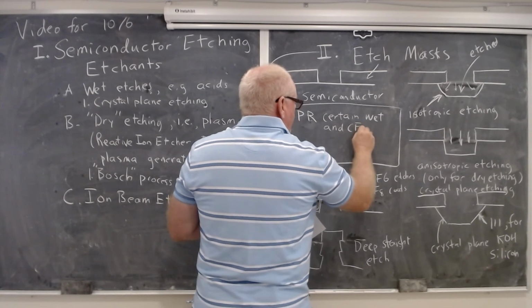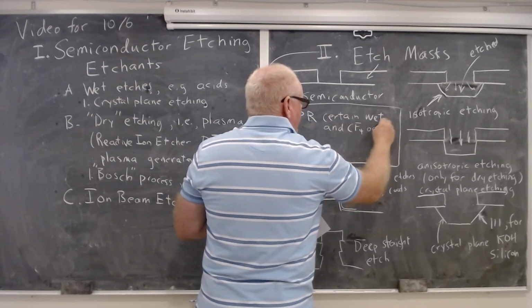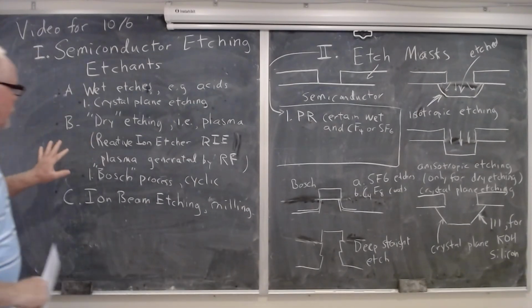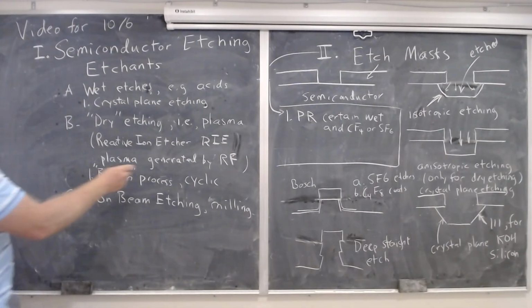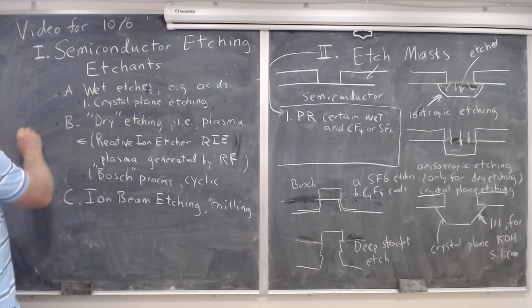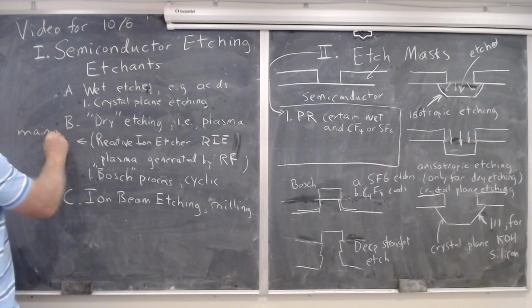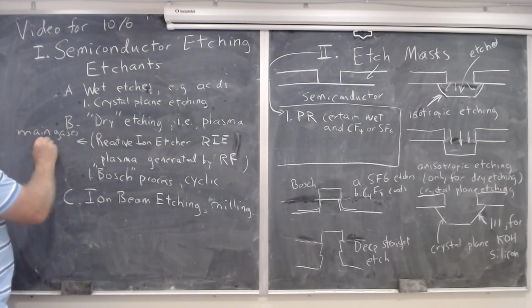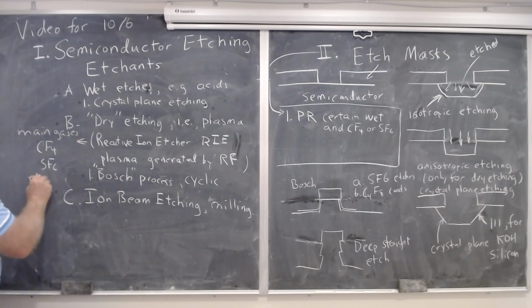I usually use CF4 or SF6. Now what do I mean there? The main gases for reactive etching are CF4 and SF6, which etch silicon nitride, silicon dioxide, and silicon.